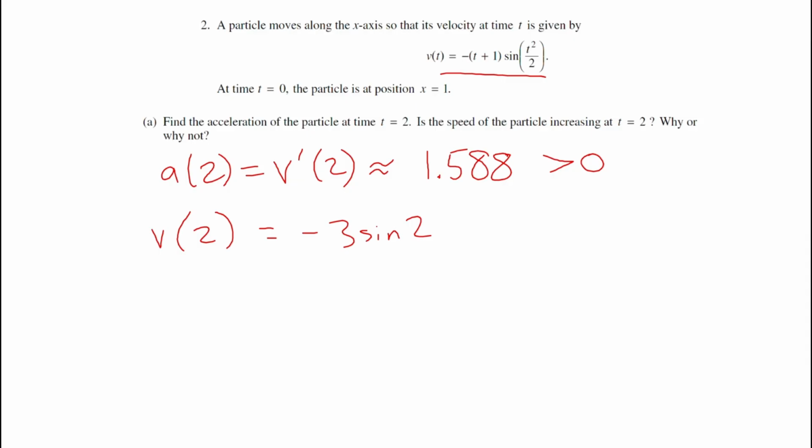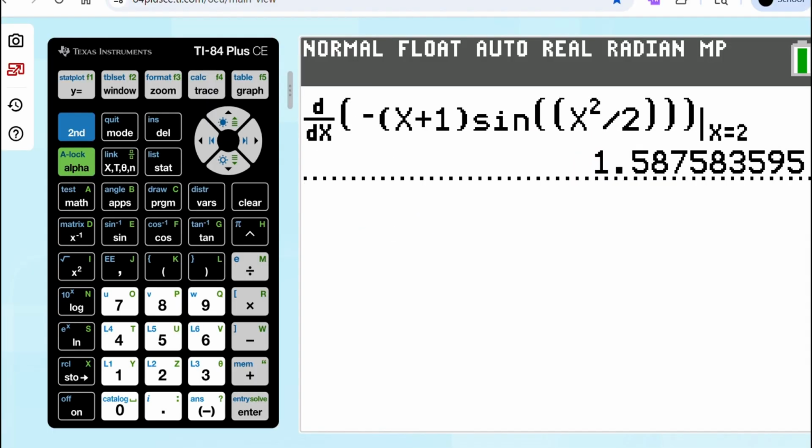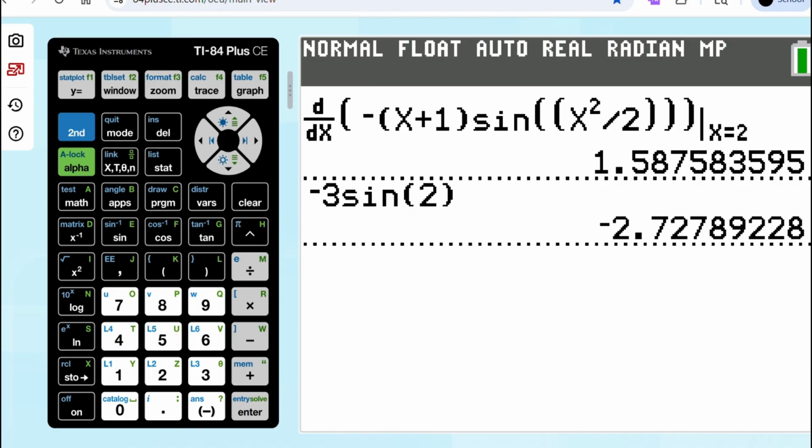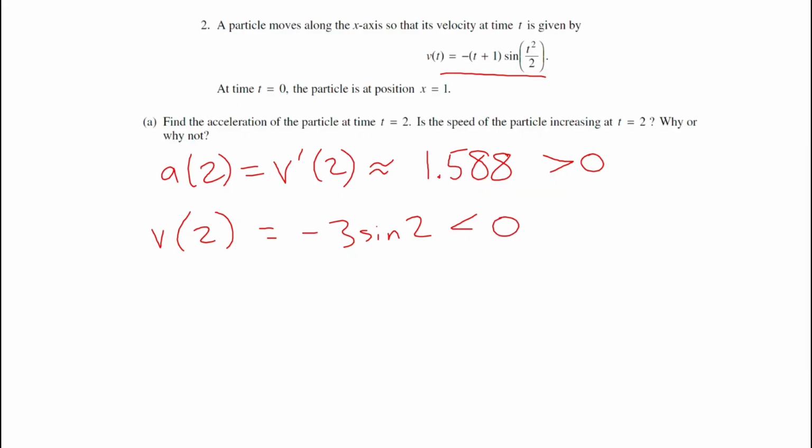And if you're not sure if that's positive or negative, just go ahead and put it into your calculator and see. Negative 3 sine of 2 is negative 2.72789. You don't need the exact value of it. You can just say it's less than 0.